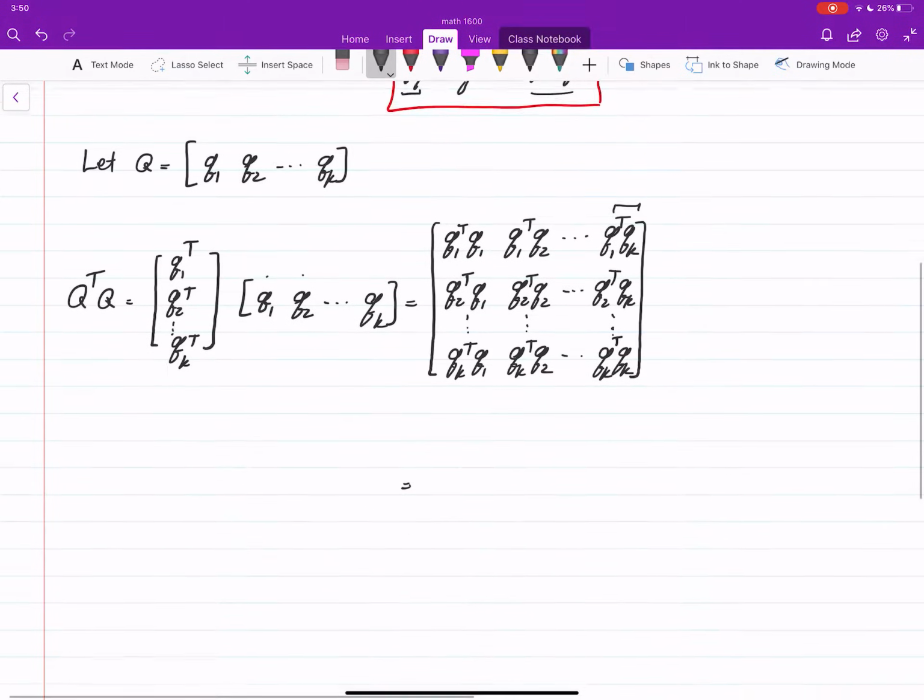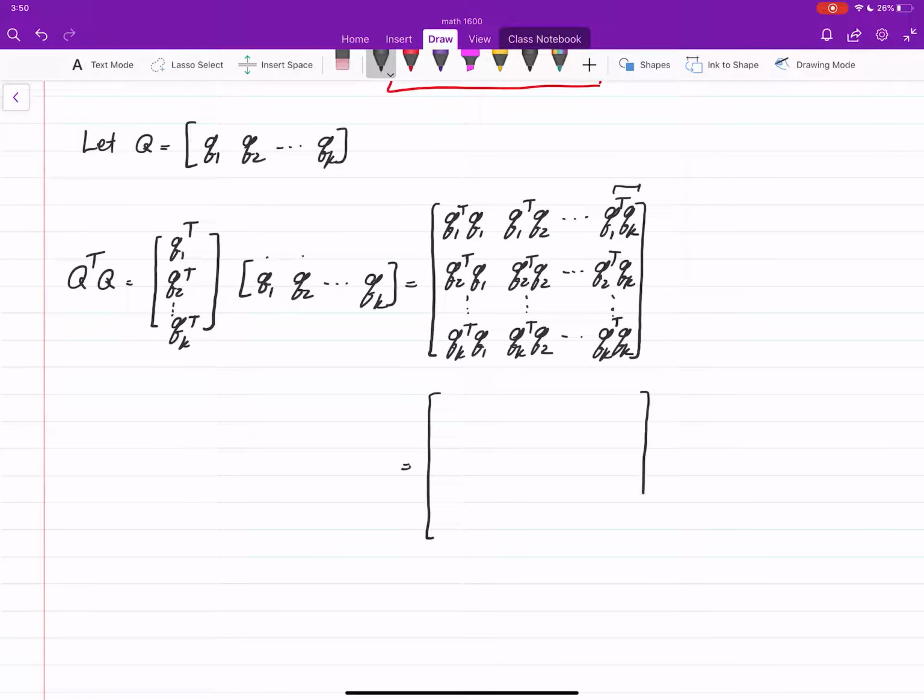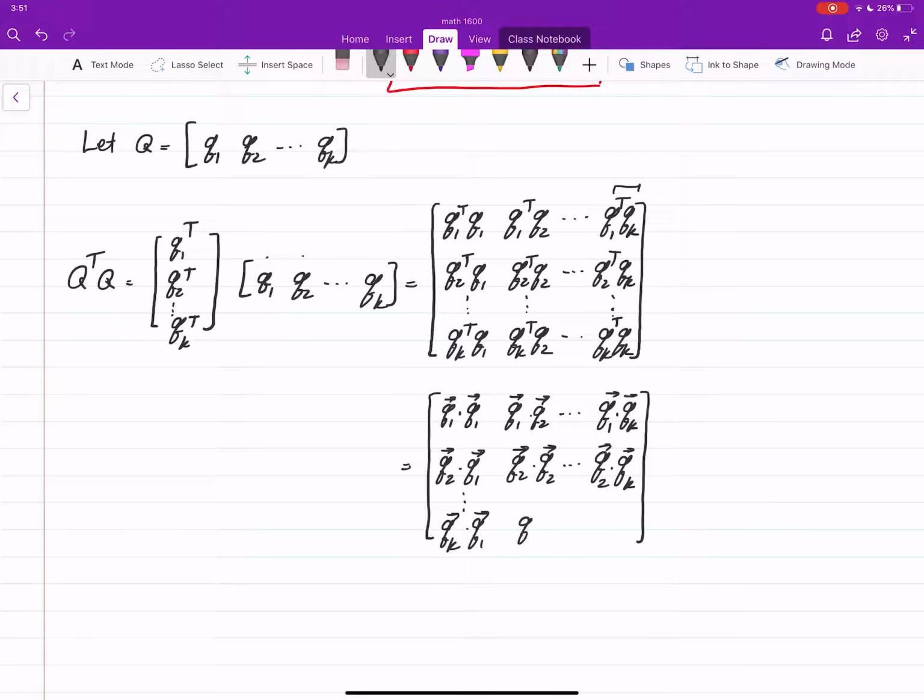If we write that in terms of the dot product of the vectors, we'll see that this is Q1 dot Q1, Q1 dot Q2, and this will go up to Q1 dot Qk as vectors, and then Q2 dot Q1, Q2 dot Q2, up to Q2 dot Qk, and the last row is Qk dot Q1, Qk dot Q2, and goes up to Qk dot Qk.